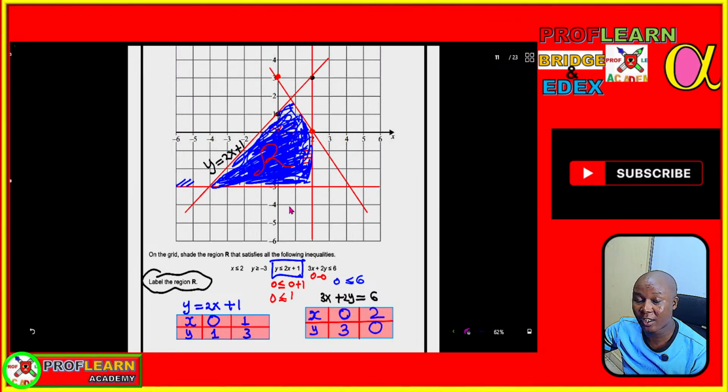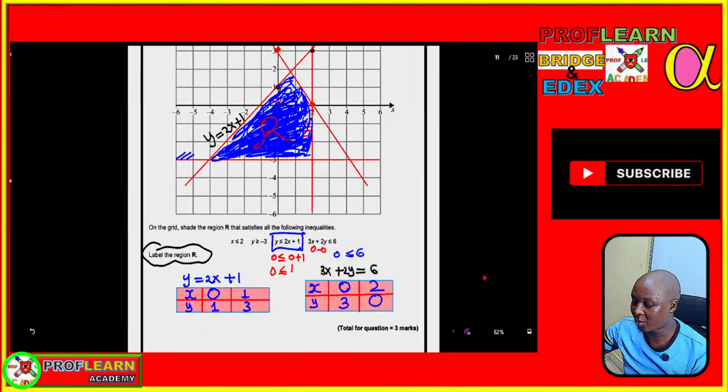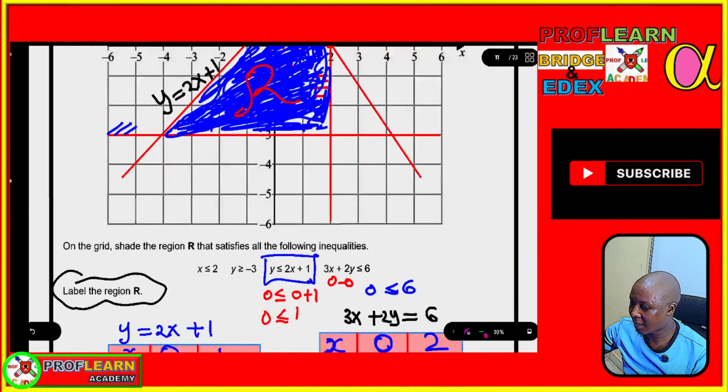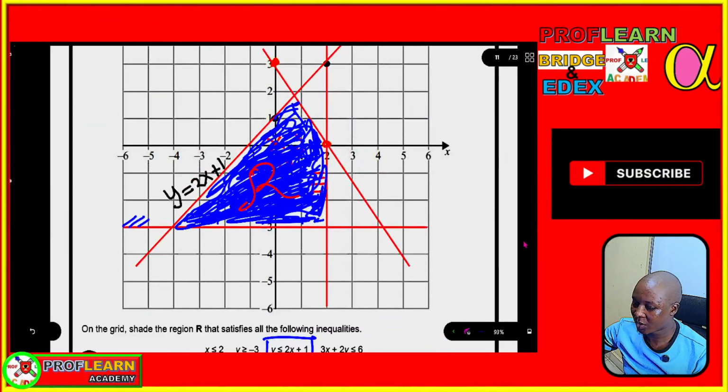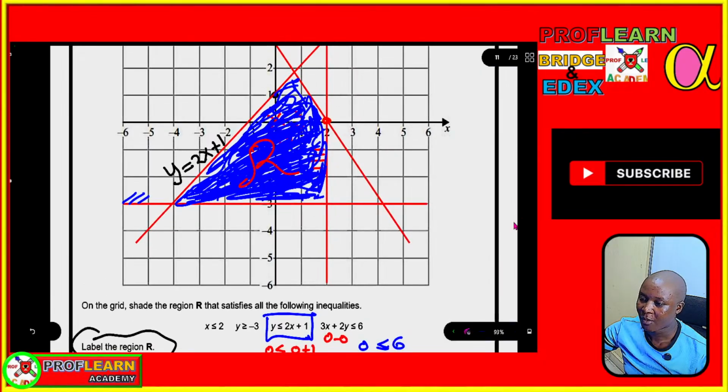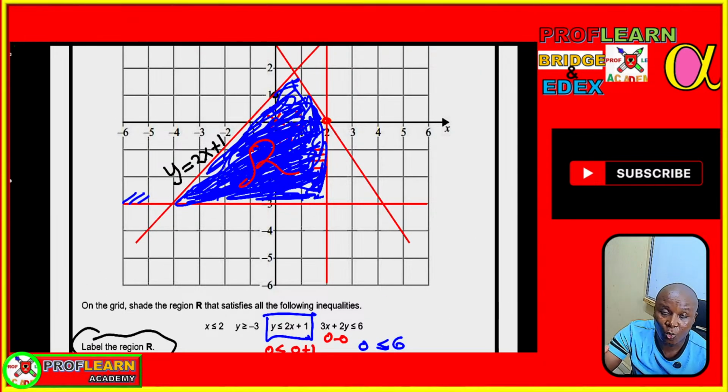You can be given inequalities to shade, like the one we have done here, or be asked to come up with the inequalities from the shaded region. So you need to be prepared for both scenarios. I don't know whether we are together up to that particular point. If we are okay, we can now move to the next part.